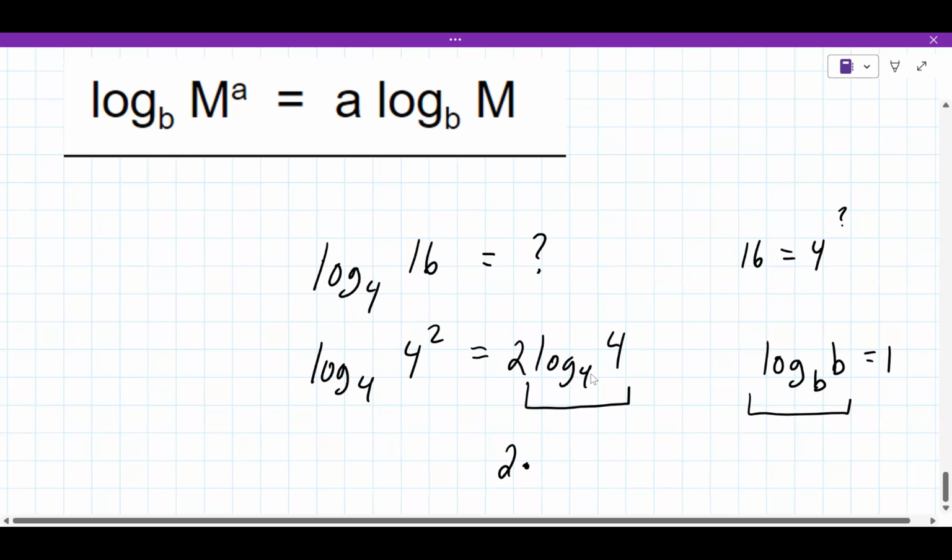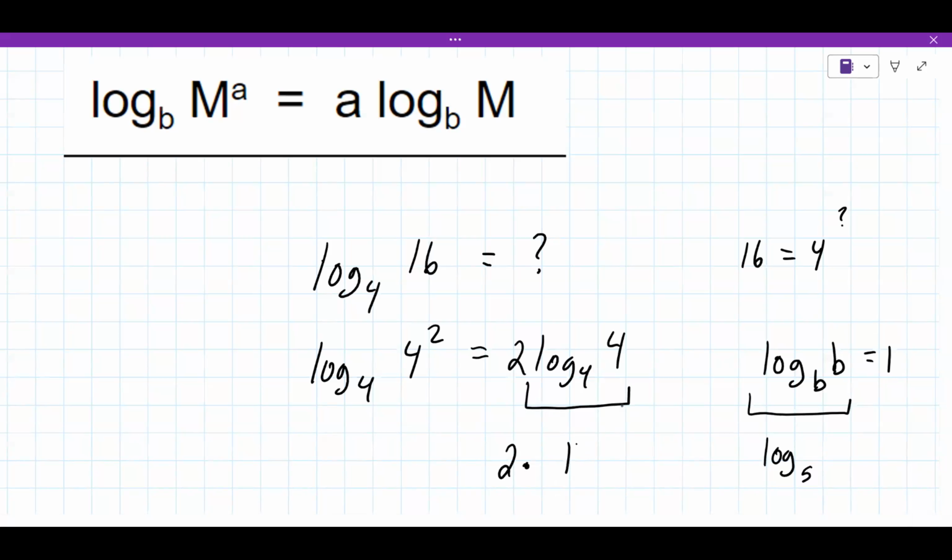It's just 1. Even if it were log base 5.1 of 5.1, it's still 1, as long as these are the same.